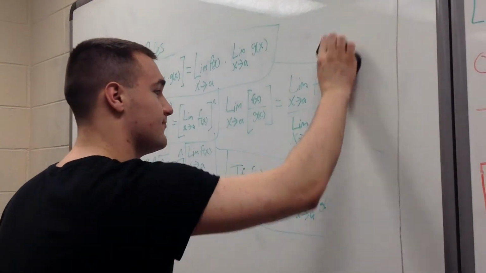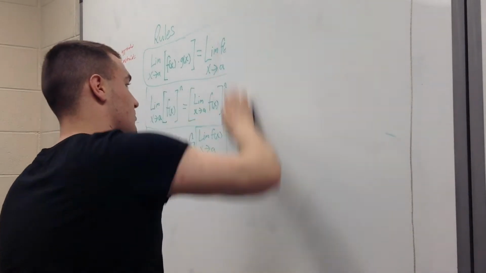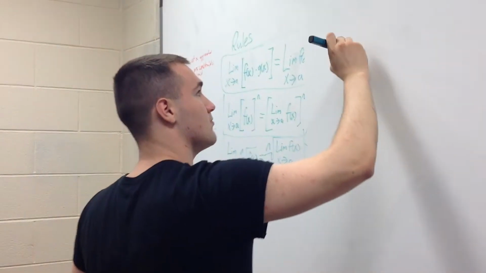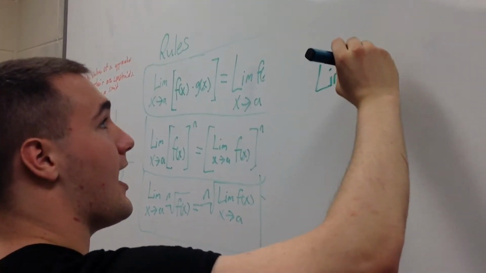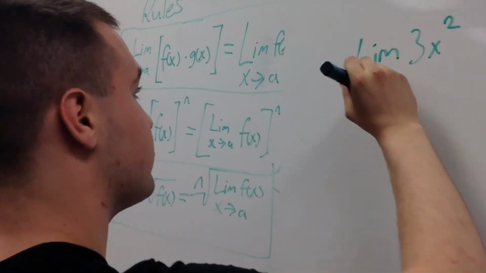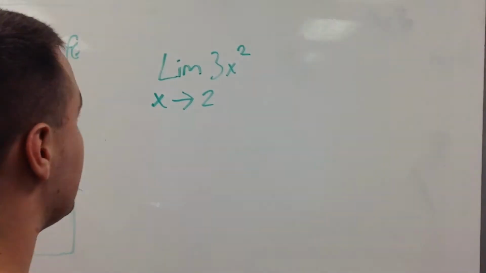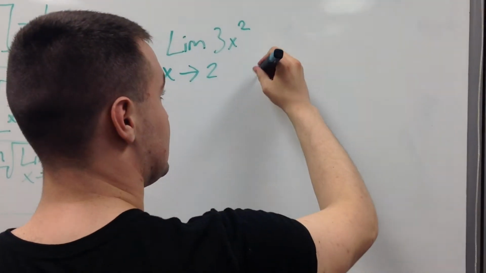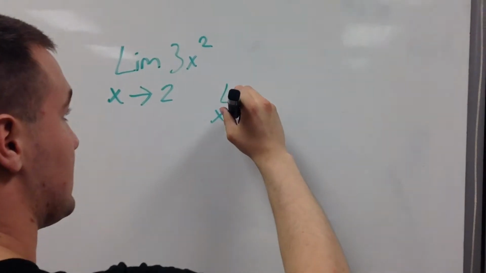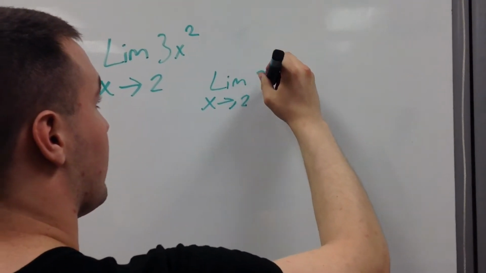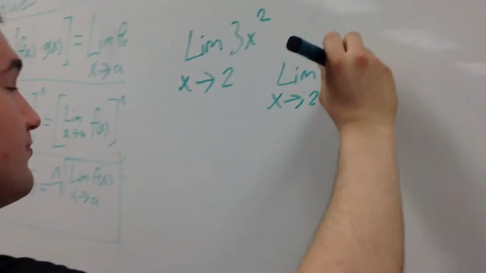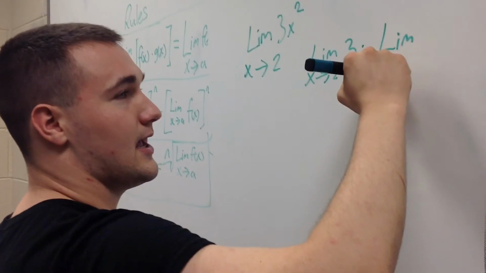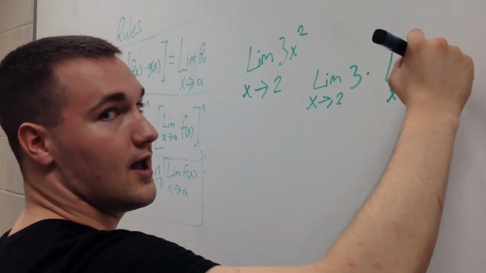Now we're going to erase this. Say we have the limit of 3x squared as x approaches 2. Now we can use the limit laws that I was talking about, a basic one, and do this: the limit as x approaches 2 of 3, times the limit as x approaches 2 of x squared.